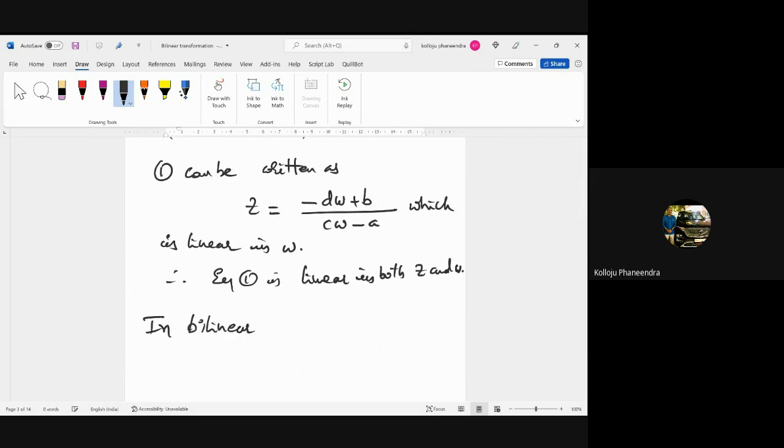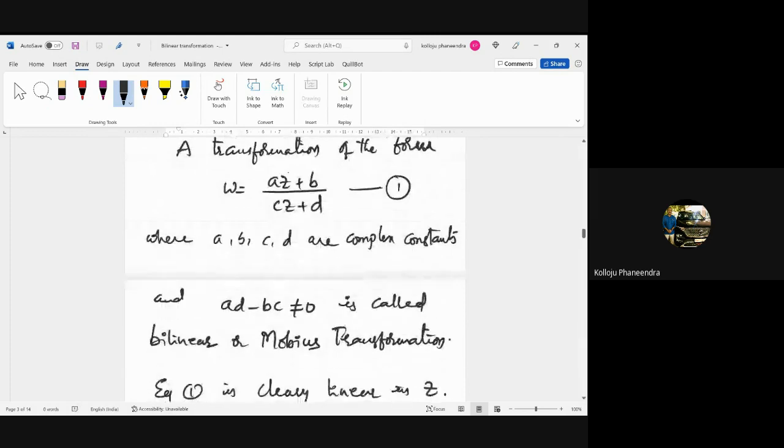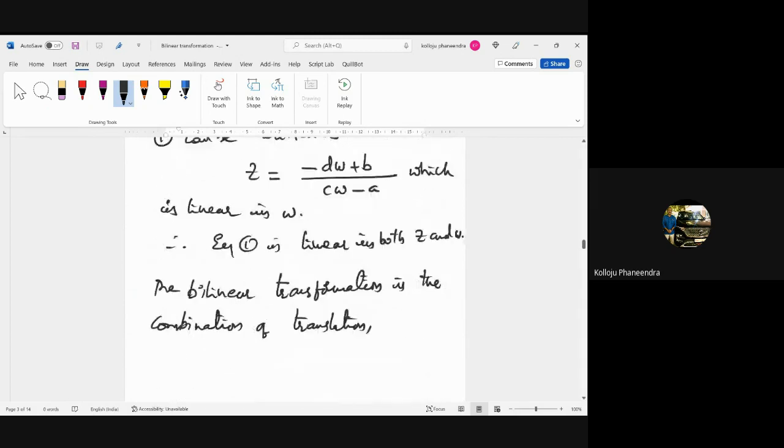In the bilinear transformation, all the previous transformations are there. The bilinear transformation is the combination of translation, magnification, rotation, and inversion. Translation means W equal to AZ plus B. AZ means magnification or rotation.